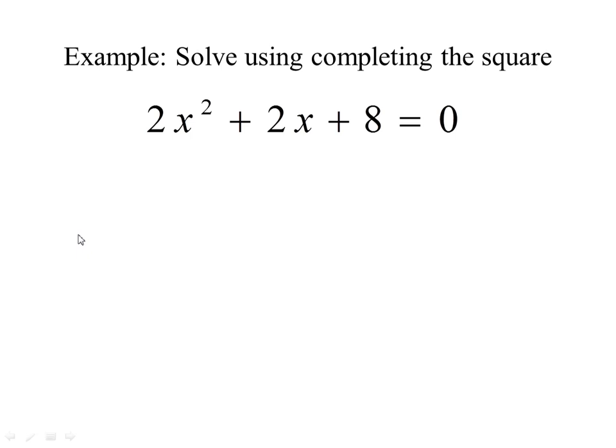You do want an improper fraction. In your calculator, it's going to give you a mixed number. Just go ahead and use your button that changes it to an improper fraction, which is going to be negative 15/4. Okay, so completing the square is over.